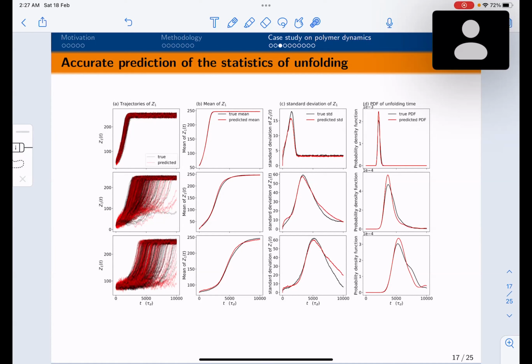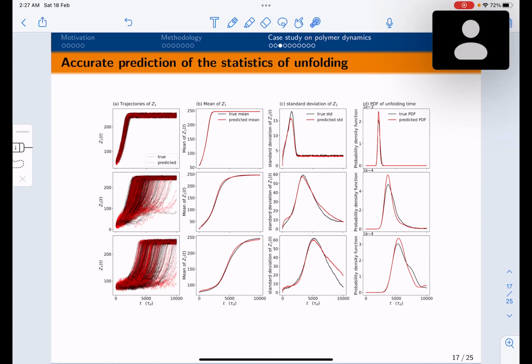Then we compare the statistic information of the polymer of the Z1. For example, we compare the mean and the standard deviation. I think we can capture very good results. And also we compare the probability density function of the unfolding time.